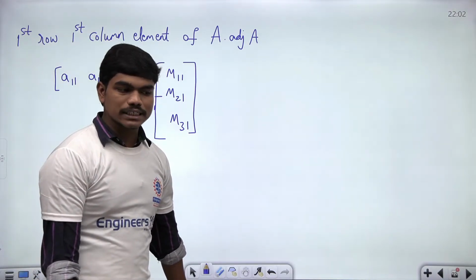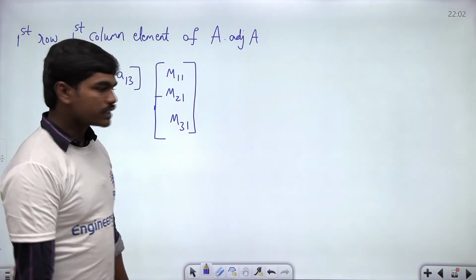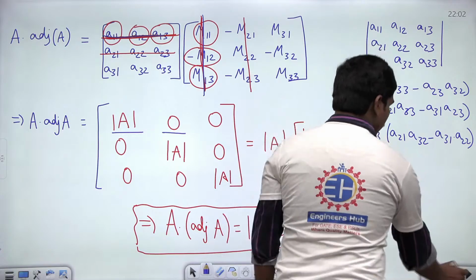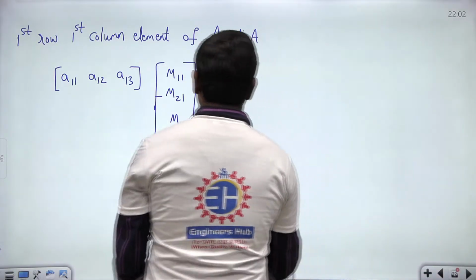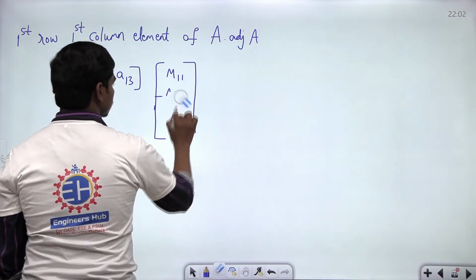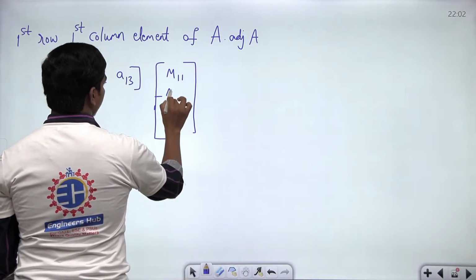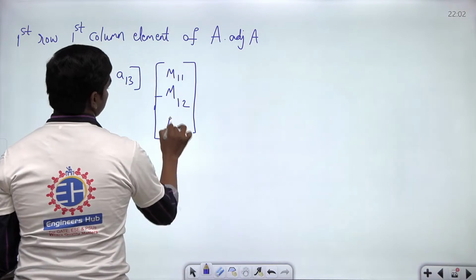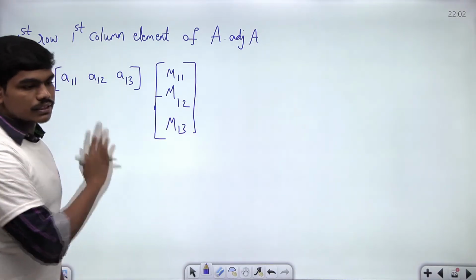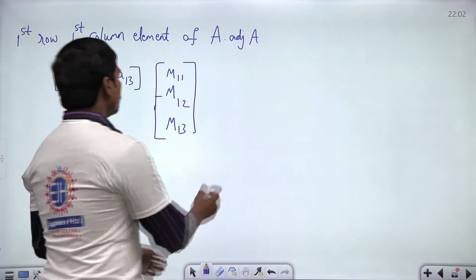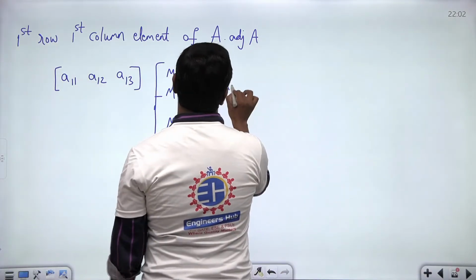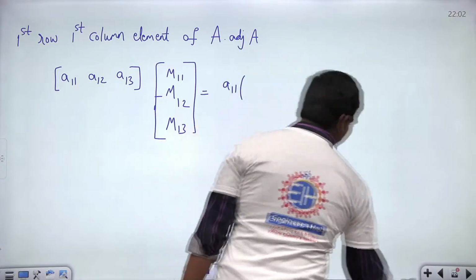Will this multiplication give you the first row first column element of A into adjoint A? Yes or no? Please respond, correct, because the first column here is M11, minus M12, M13. Actually, here it is not like this, it is M11, M12 and M13, correct. This is what we have. Now if you multiply these two things, look carefully what we are getting: A11 into M11.